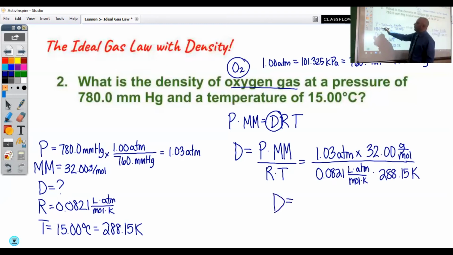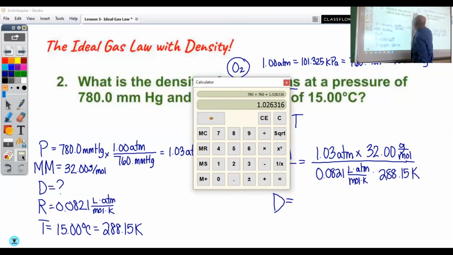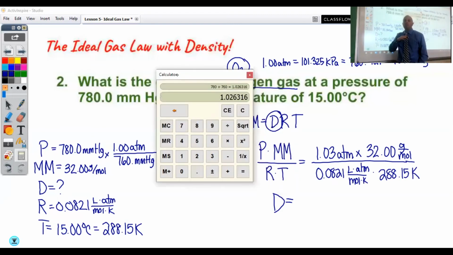Typing this into our calculator. Remember, if you have more than one number in the denominator, like we have in this problem, you have a choice. You can either put those two numbers in parentheses, or you can remember that you're dividing by both of them. So we're going to hit divided by before we enter each of those numbers.